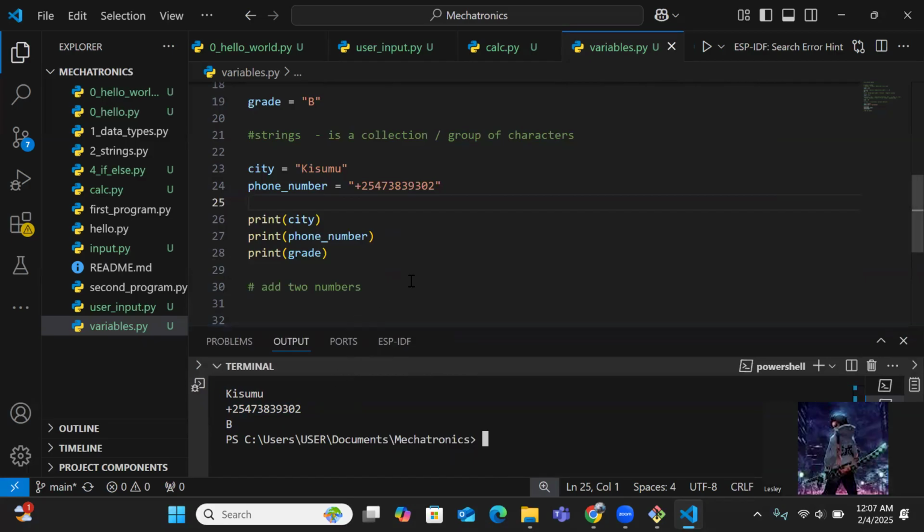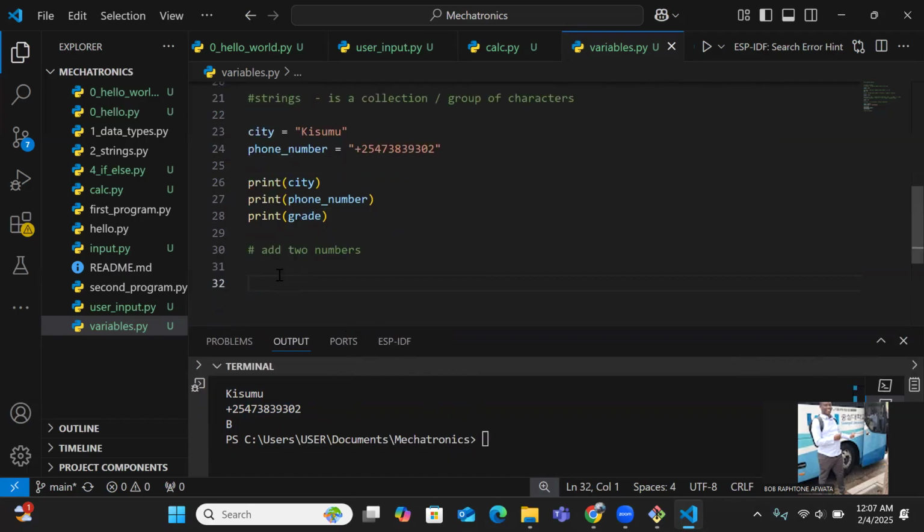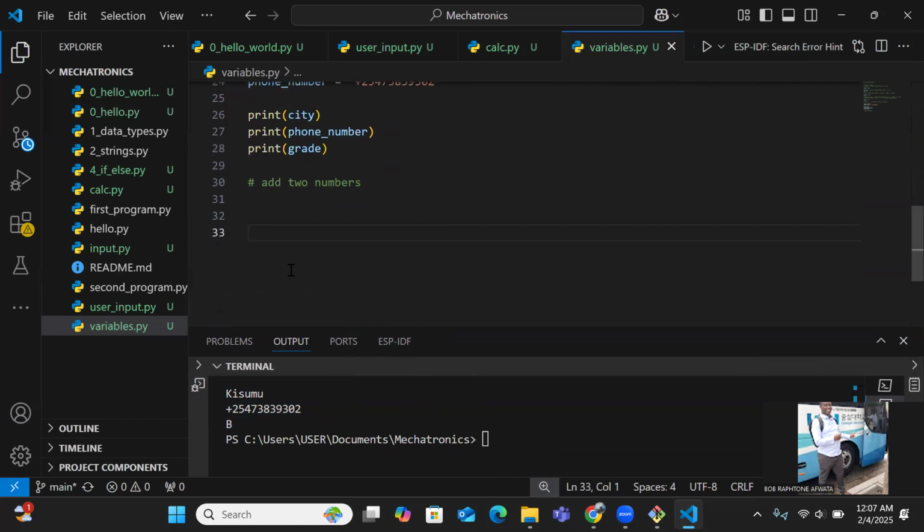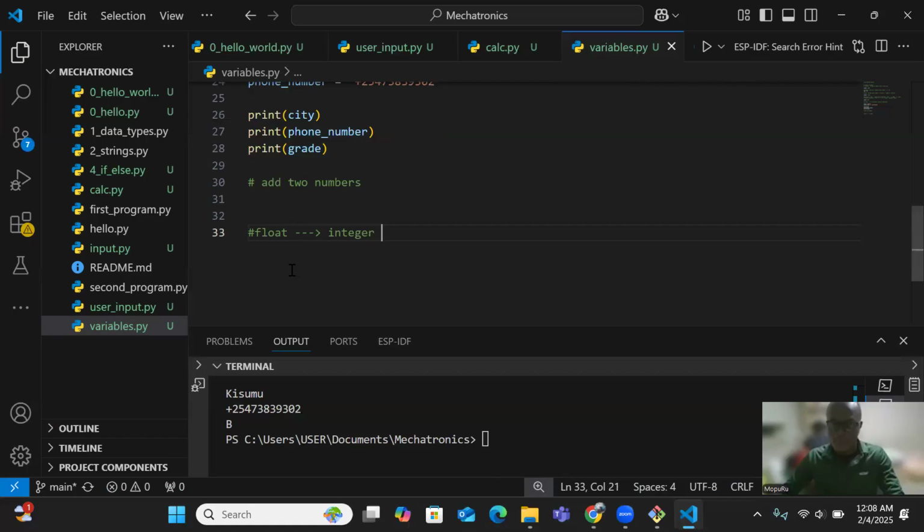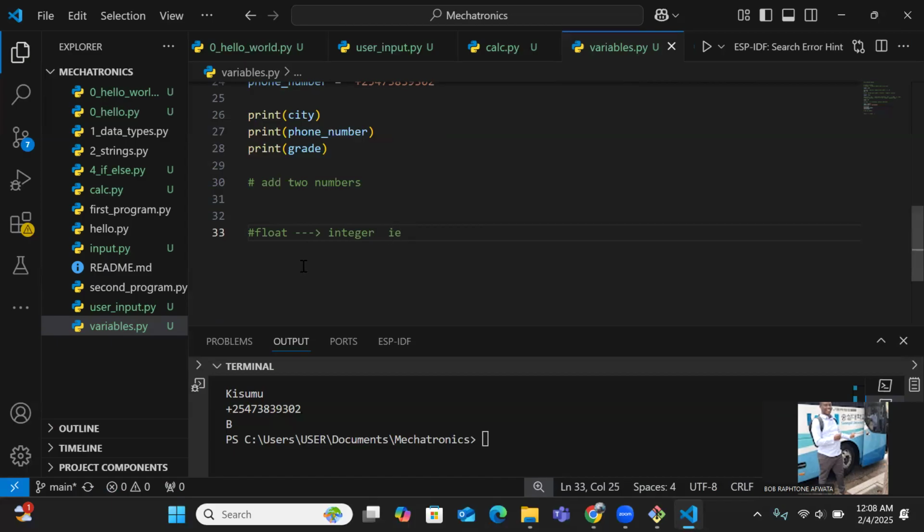Yes. Okay. So if you have a float, and you want to convert it into an integer, like you have a number like 23.78, what do you think is the way to convert it into an integer?